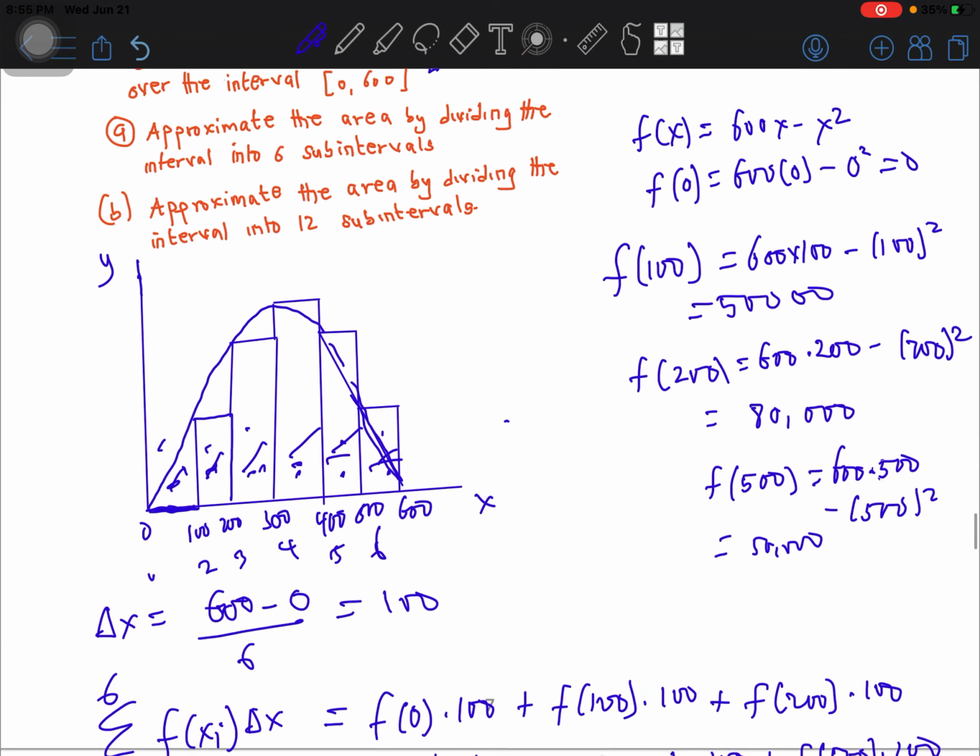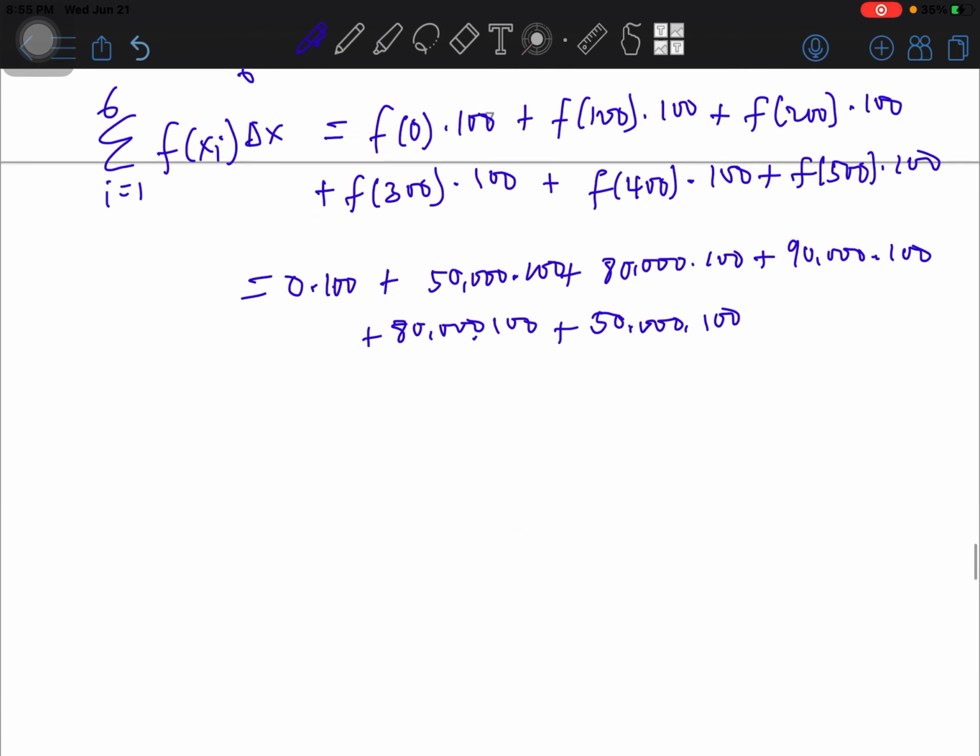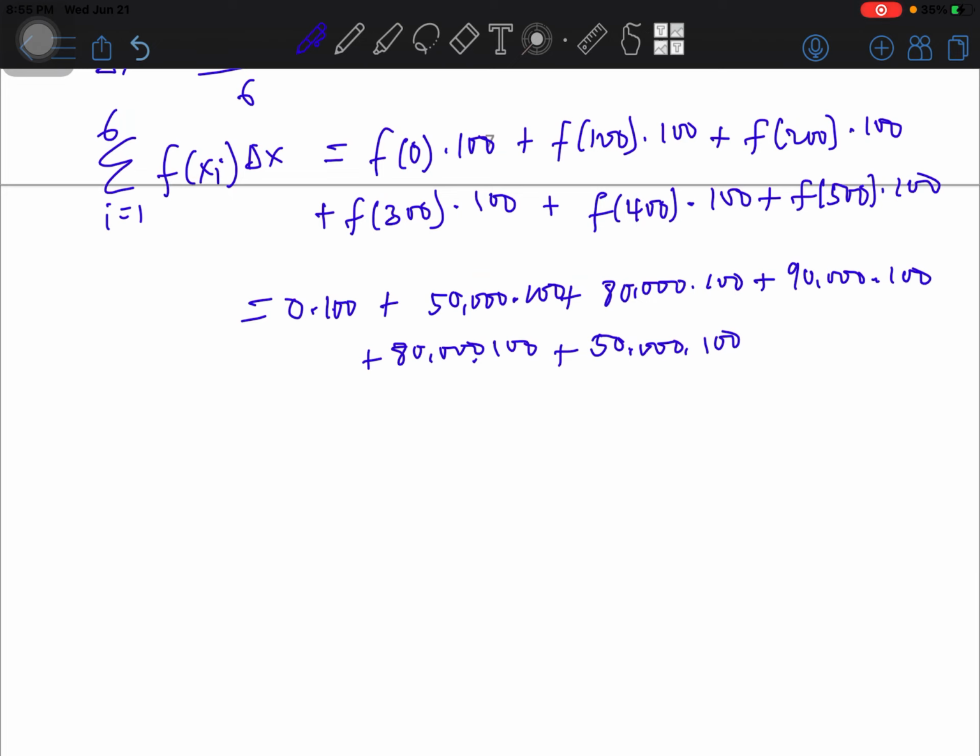This is the same thing that I was doing here to let you understand that this is what they did. They inputted a function here to get those values over here. And from here, we are going to get a final approximation answer of 35 million.